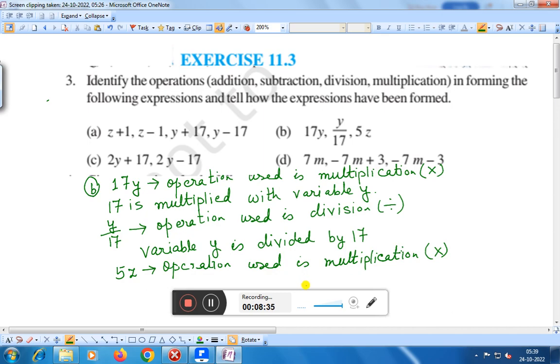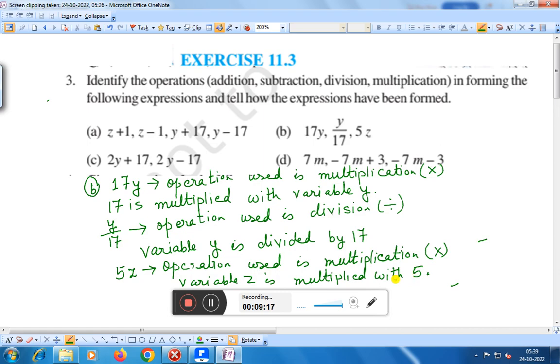And how has the expression been formed? Variable z is multiplied with 5. In this way, the expression has been formed.